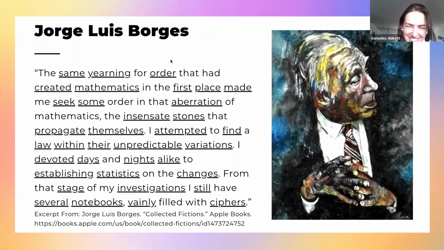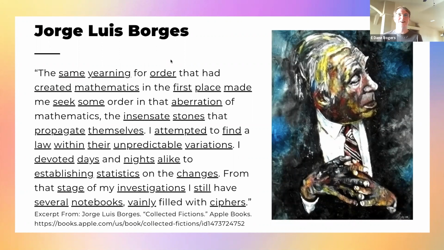Sorry, it's tough for me. They're big words. They are bigger words. I attempt to find a law within their unpredictable variation. I devote my days and nights alike to establishing a statistic on the change. From the stage of my investigation, I still have several notebooks vainly filled with ciphers.